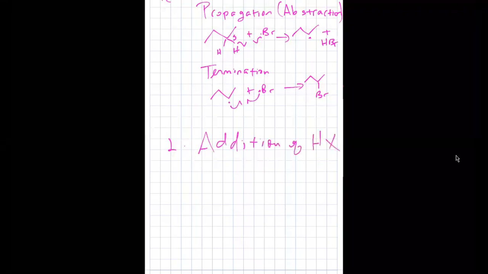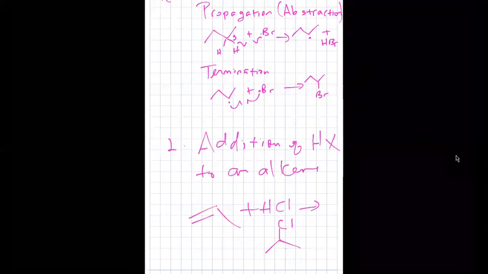If we add HX to an alkene, so we take a double bond like this and add HCl to it, we end up with an alkyl halide, where the H adds to one side and the chlorine adds to the other side. We just talked about this on carbon-to-carbon addition. So that's the second method.